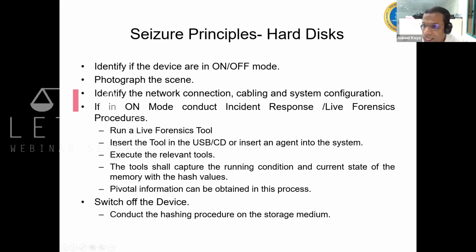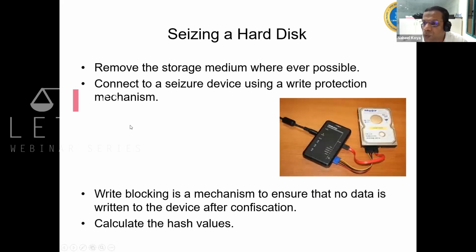And once that has been done, he will shut down the machine, and then he will do a process which is known as a hashing process. What he does is he removes the hard disk. Suppose this is the suspect hard disk. Now he introduces a device known as a write blocker between the suspect medium and the device, and the other end is connected to a computing device, which is a laptop or something.